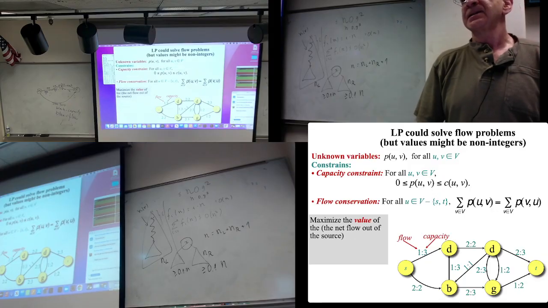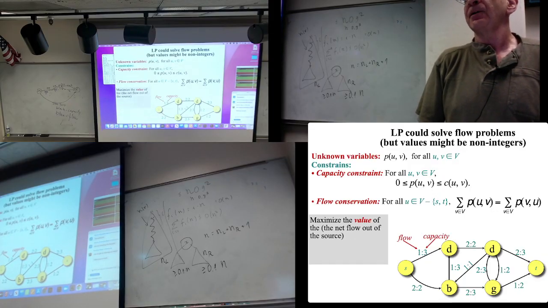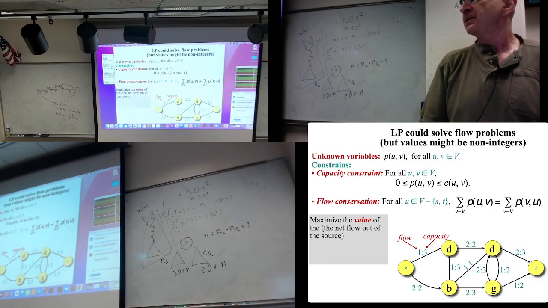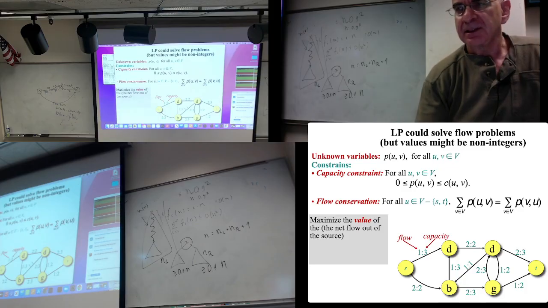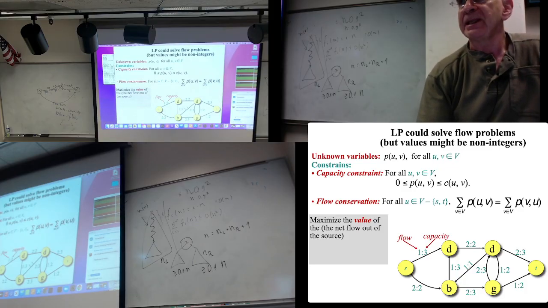What if you are sending bits and for some reason you really want an integer number of bits? Well, you can always put integer next to the variable. It might run much slower, but it's definitely legit if you want an integer flow. If you're talking about bits, probably doesn't have any impact. Just solve it as a linear programming.